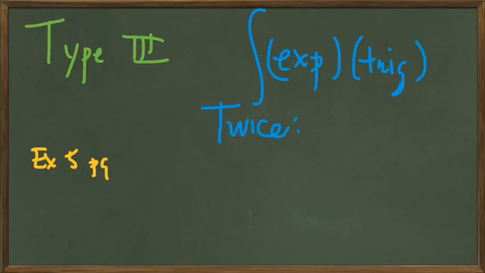And then the final type that we discussed is when we have an exponential times a trig function.